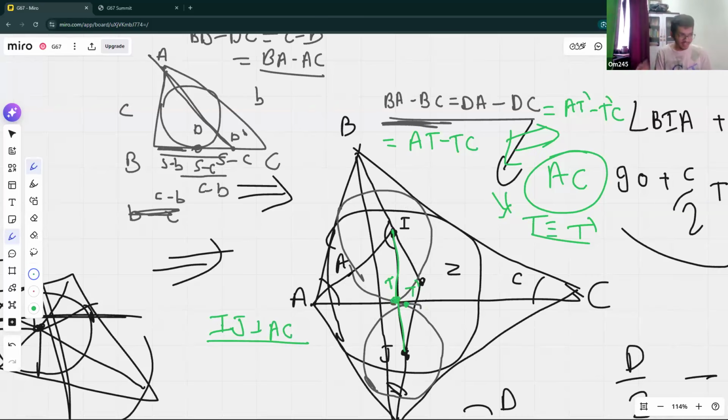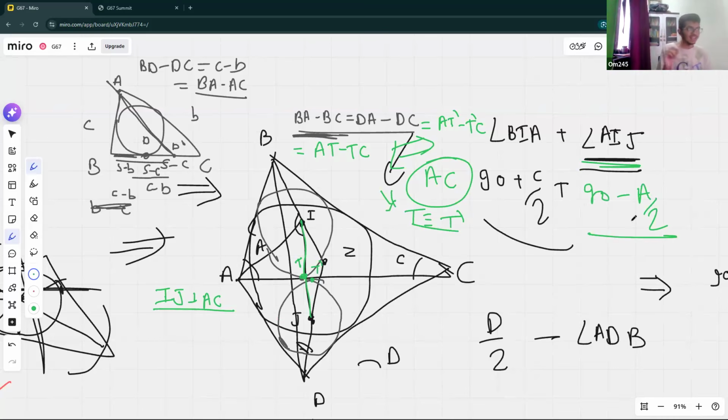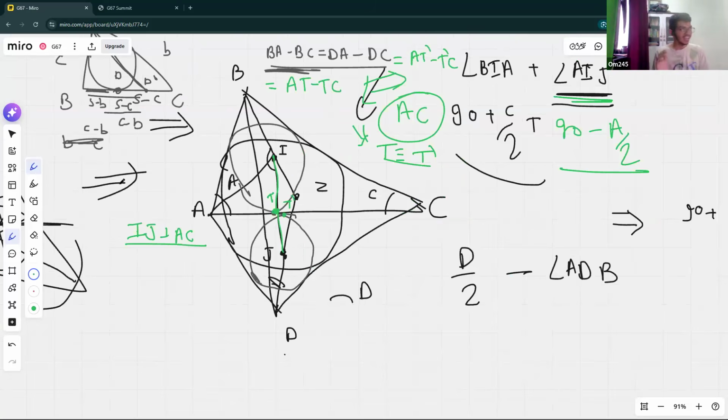And now you can do angle chase. The reason I call this angle AIJ equal to 90 minus A by half. Now you just have to believe it. There are two ways to do this.